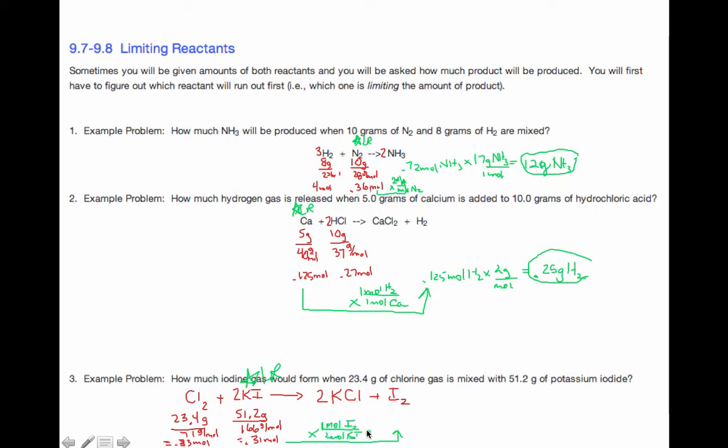So we will have 0.31 divided by 2, which is 0.15 moles of I2 produced, and these heavy atoms that are 127 grams each, so it's 254 grams of I2 per mole of I2. Yeah, that's 39.1 grams of I2.